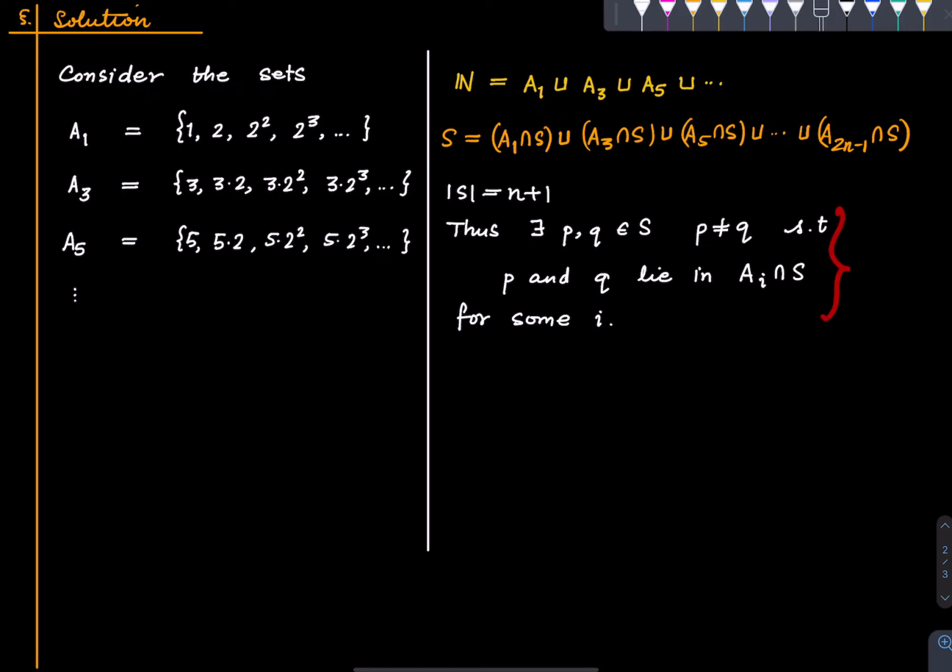So this is a complicated way of saying that two distinct integers in S fall in a common box.